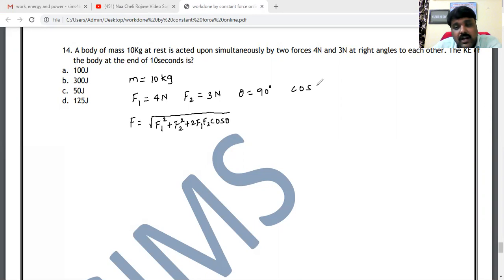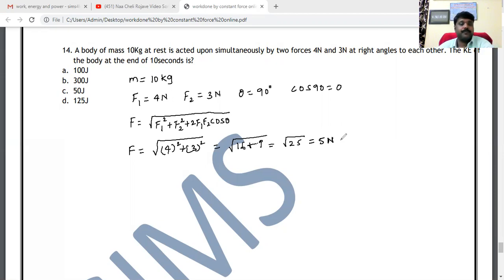If theta equals 90 degrees, then cos 90 equals 0. Hence, we get F equals under root of 4 square plus 3 square, that equals under root of 16 plus 9, that equals root 25, which equals 5 newtons.